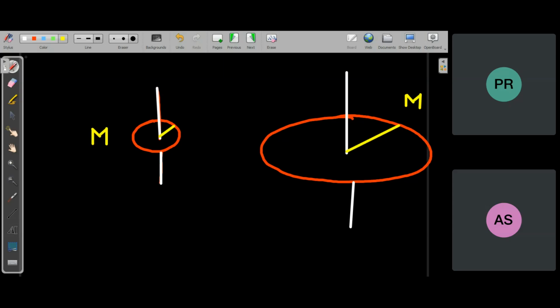So if both of them are at rest and you try to bring them from rest to rotation, this one will offer less resistance to any change in its state, whereas this one will offer more resistance, more opposition to any change in its state of rest or uniform rotation.